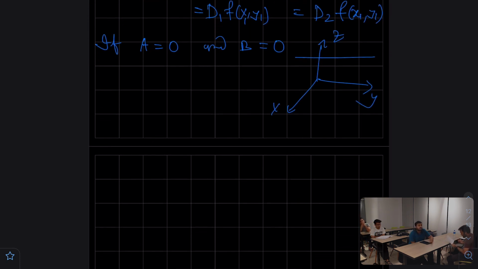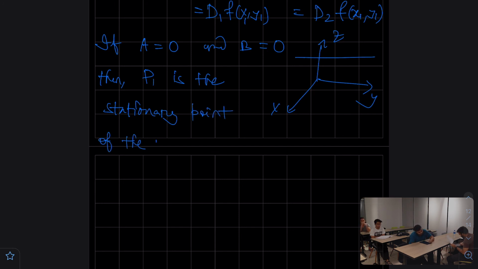So if these are 0, then P1 is the stationary point of the surface. That's the definition, but we haven't really used the word defining it properly.